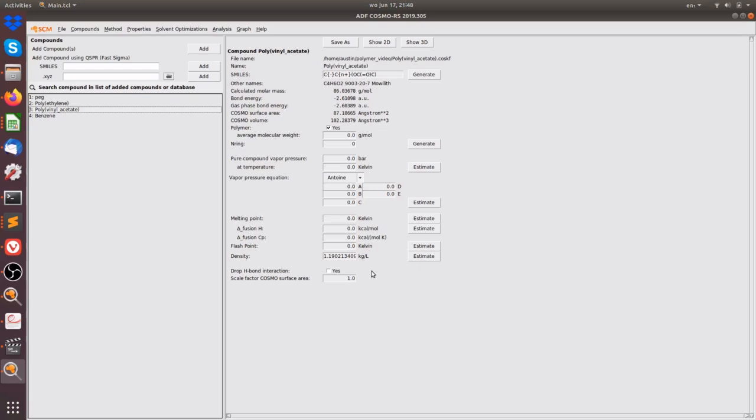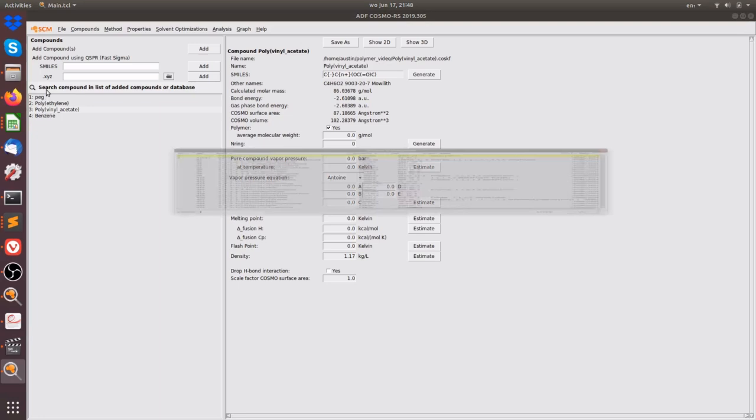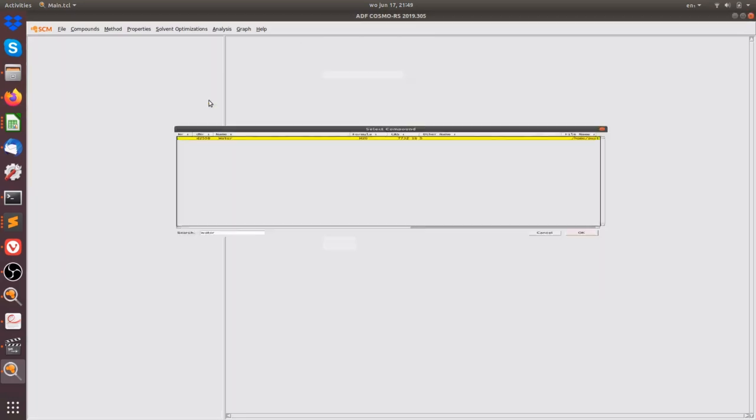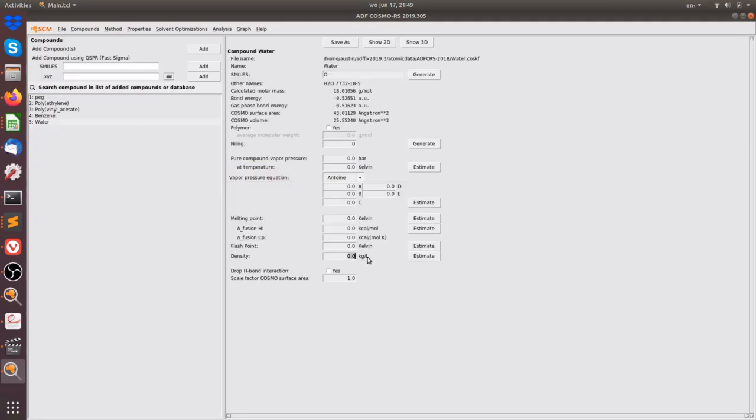These correspond to a liquid density or an amorphous phase density at 298 K. So this value I have is at 40 degrees, and so this is going to be a little bit smaller, 1.17. And we'll also take a look at water. So this we'll look at a system where the Flory-Huggins value is now much higher. So that density at 40 C is about 0.99.